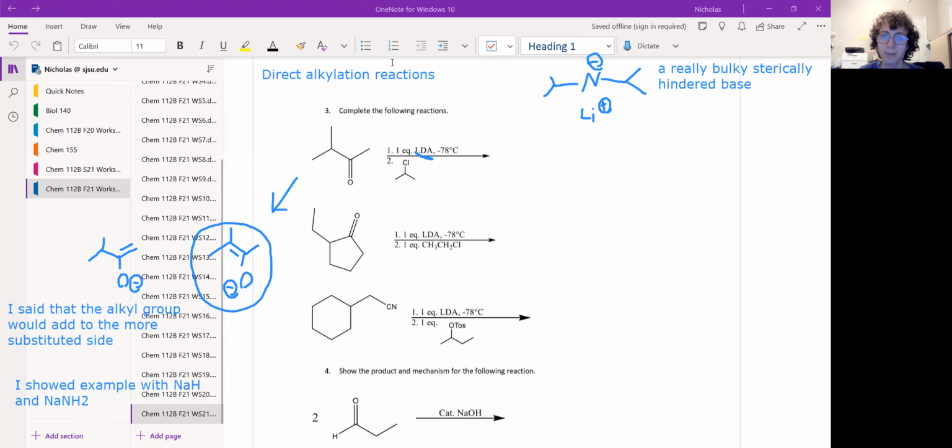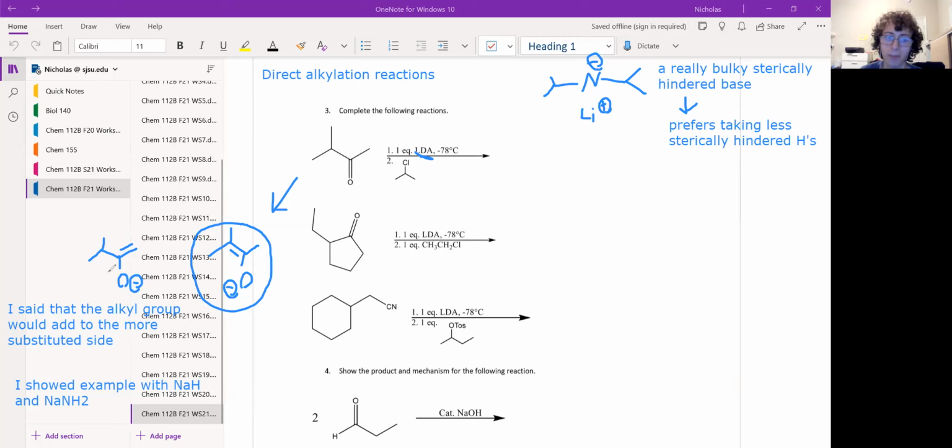And because it's bulky and sterically hindered, it generally prefers taking less hindered hydrogens because it's easier to reach those. But that means that you're forming the less stable alkene.